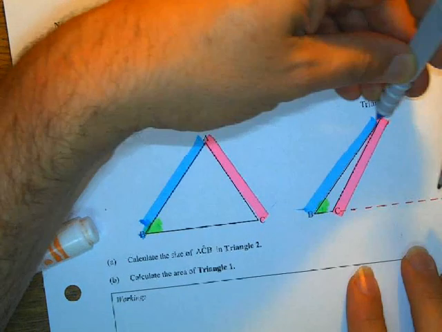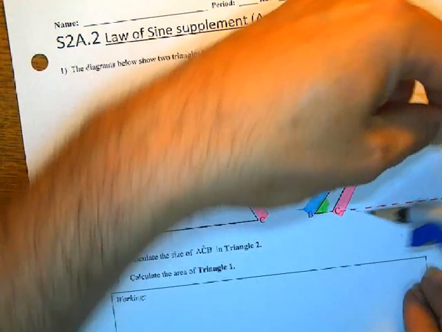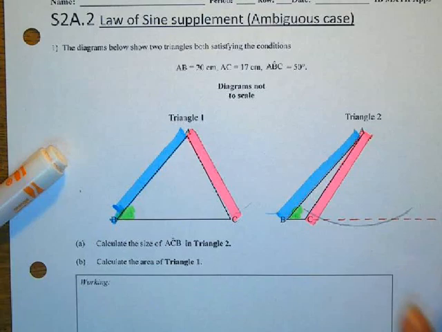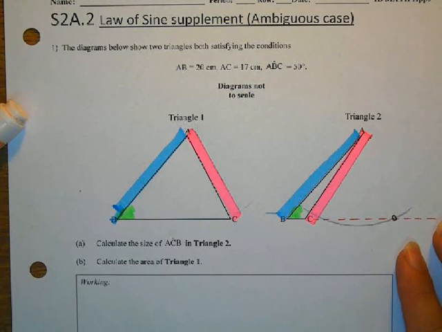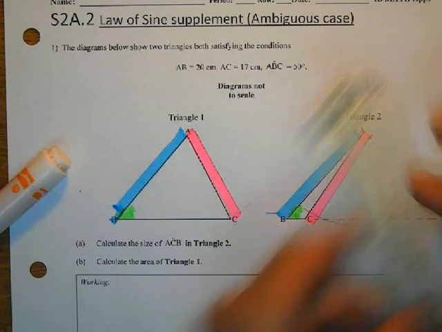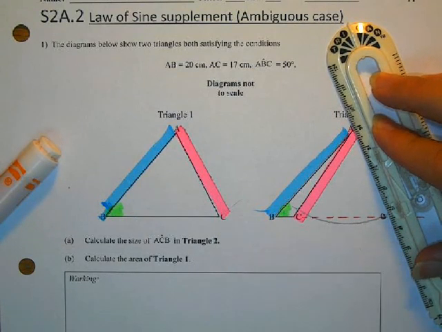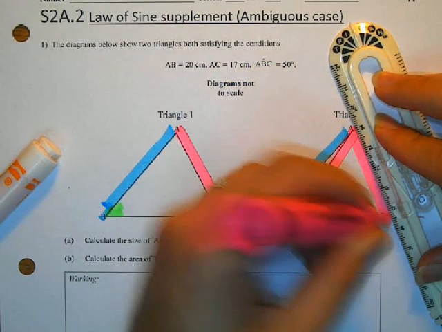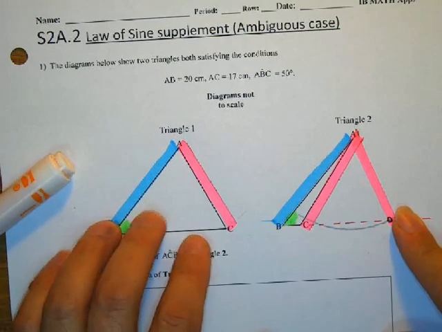If I swing it around, where it touches that dotted line, from A to here should give me a line with the same length. I wasn't too careful with this, but this line should be about the same length as this one here.